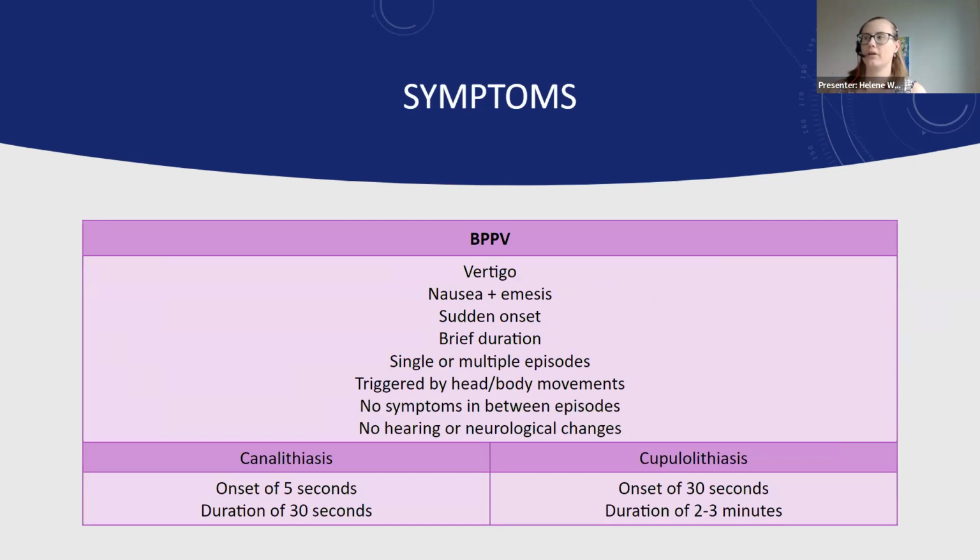People report things like bending down, rolling over in bed, leaning to get something, and all of a sudden they've had the onset of these symptoms. Depending on the type of BPPV that's present, whether it's in the canal or in the cupula, you get a slight variation in how quickly the onset occurs and how long the symptoms last.